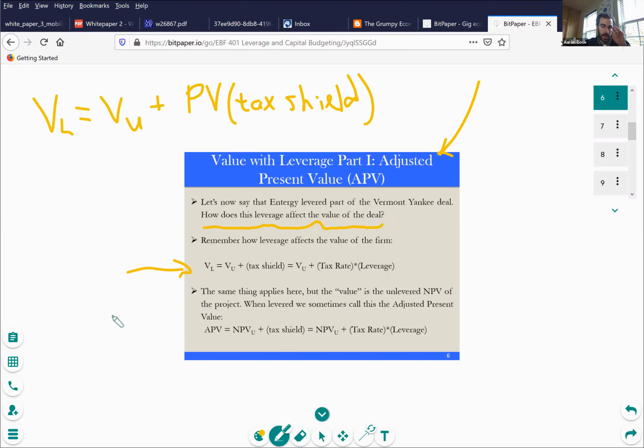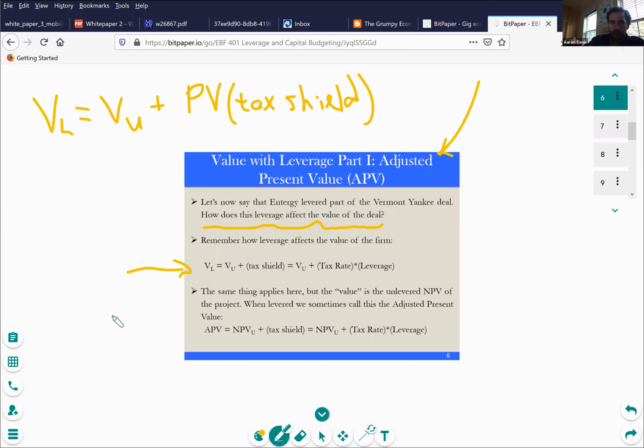The one difference, though, is that we're not thinking about overall firm value. We don't necessarily even need to know what the overall firm value is, or what the overall firm's capital structure is. All we need to know are the characteristics of the individual project that we're interested in evaluating.